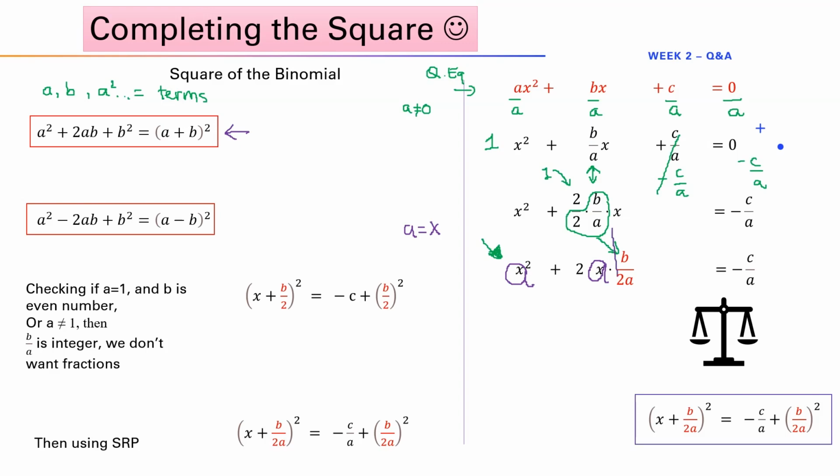This is my b. So I almost finished that one, right? I have x squared plus 2x, and then my b is b over 2a. I may write in red so it's different from that a and b.